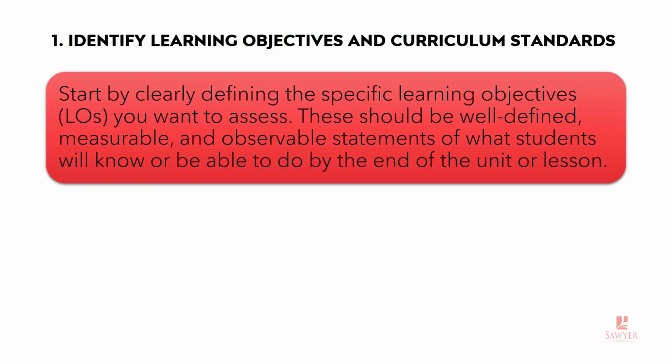So here's a detailed guide. First of all, we want to identify our learning objectives and curriculum standards. Start by clearly defining the specific learning objectives that you want to assess. Again, I gave you that whole list of outcomes. We're going to use one of those here in a minute.